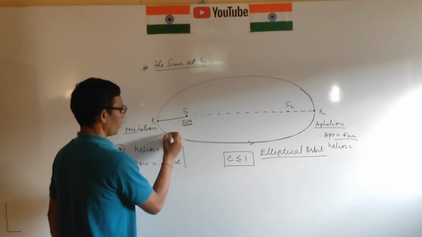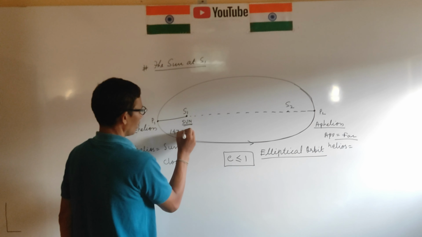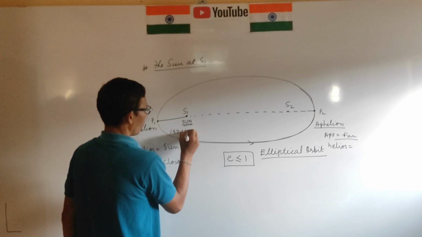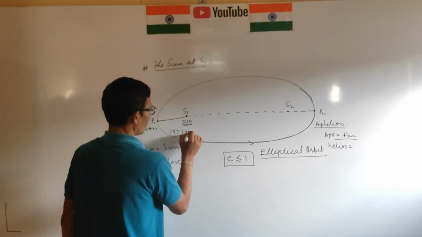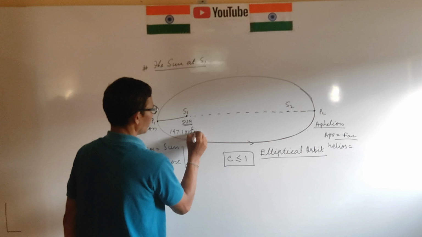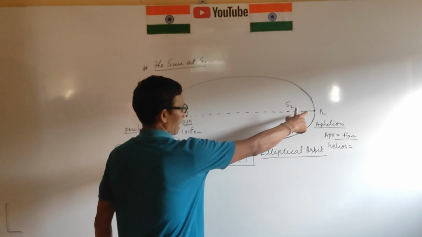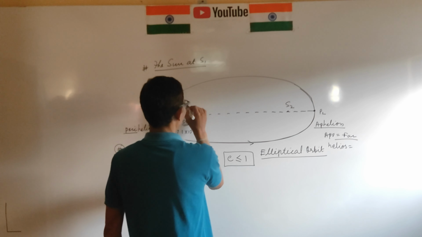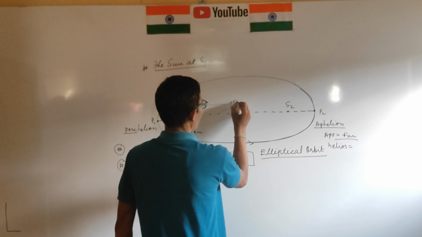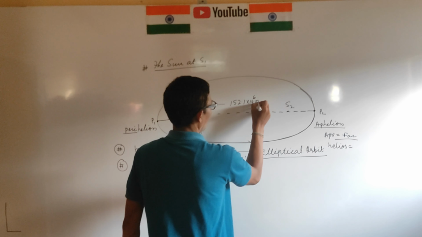How much is the distance? It is 147.1 million kilometers, that is 10 to the power 6 kilometers, and the distance between this and this is 152.1 into 10 to the power 6 kilometers.